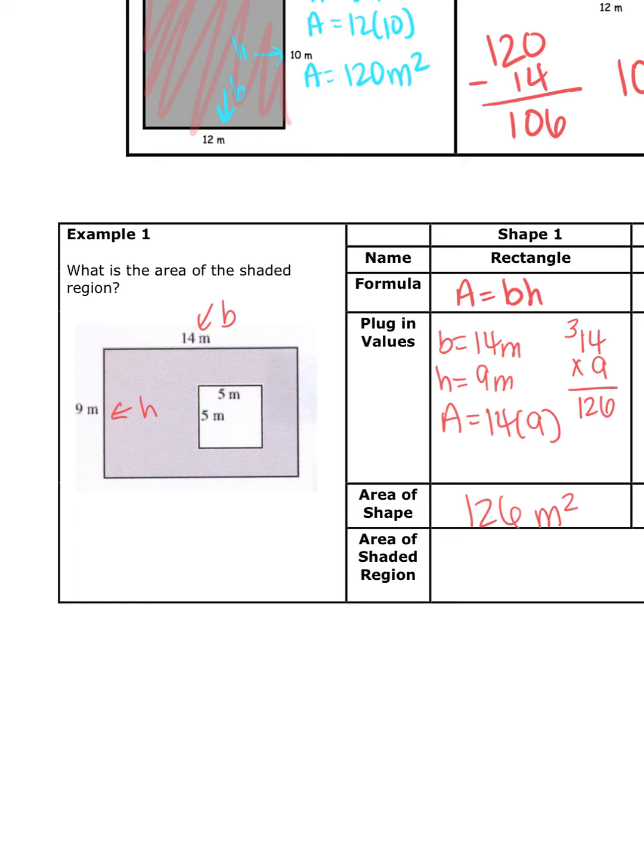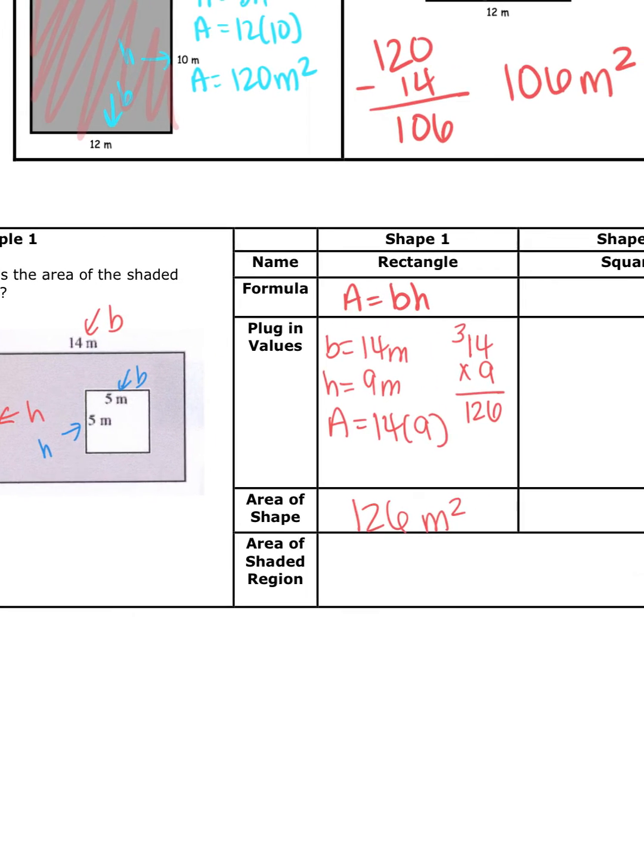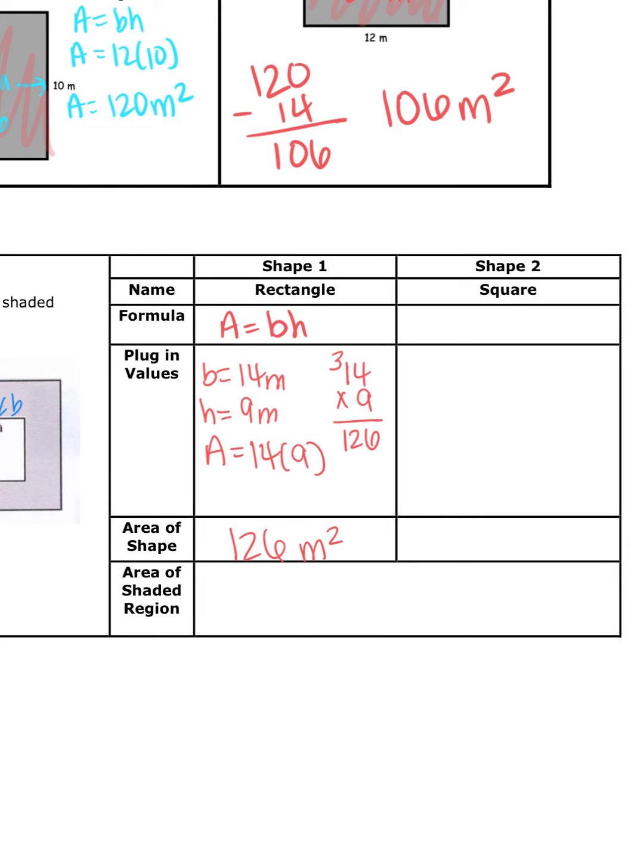Now I'm going to find the area of the square. Since it's a square, its base and its height are the same thing. That's still area equals base times height. They're both 5, so 5 times 5. That would be 25 square meters.